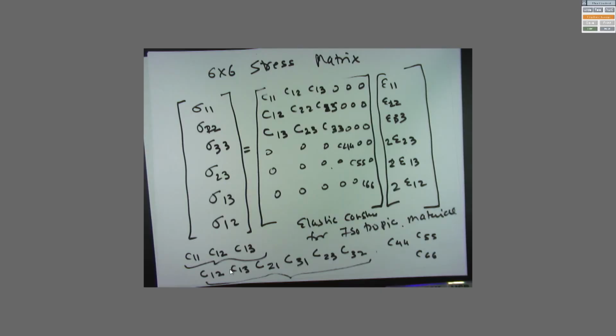So, if you want to find out how many elastic constants you have to use, as given on your document camera, what you will find is that C 1 1 becomes C 2 2 and C 2 2 is C 3 3, because the elastic constant is the same in all three directions, isotropic solid. Then there is another elastic constant which is the cross term, which is what we are looking at, 1 2, 2 3, 3 1.